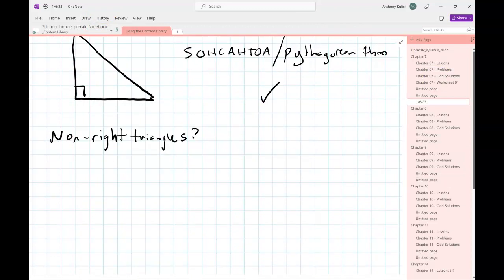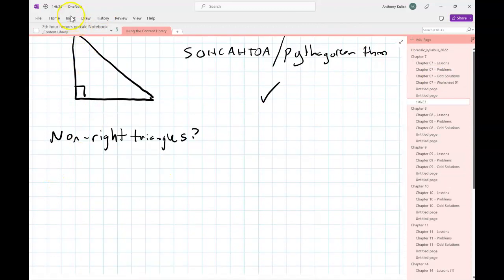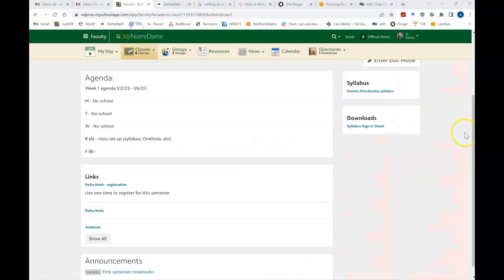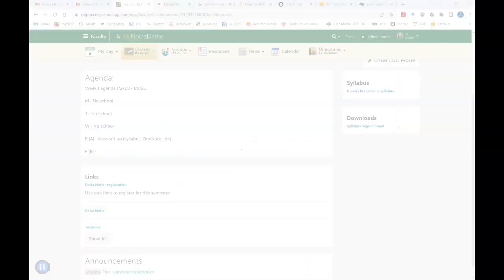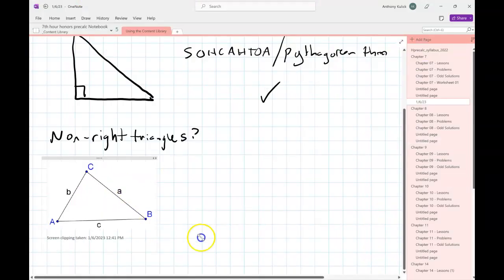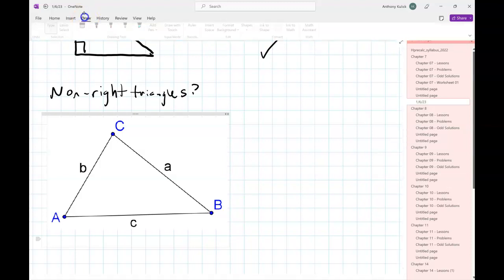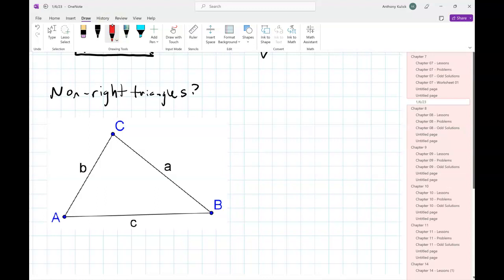No. Okay, so we'll have to construct a new method to deal with that kind of situation. So let's just say we have some generic non-right triangle. This triangle ABC will be my example here.